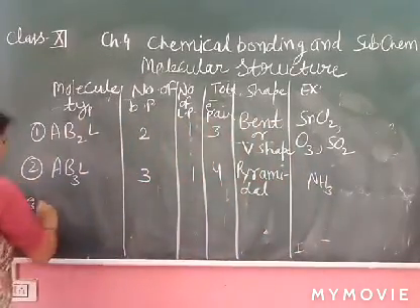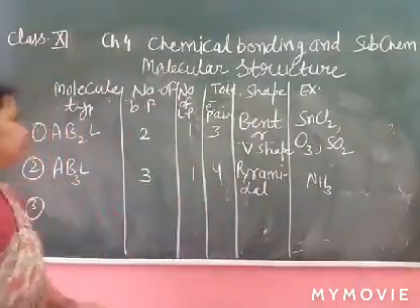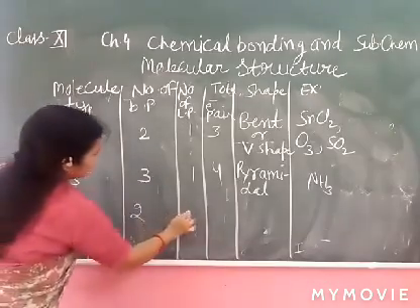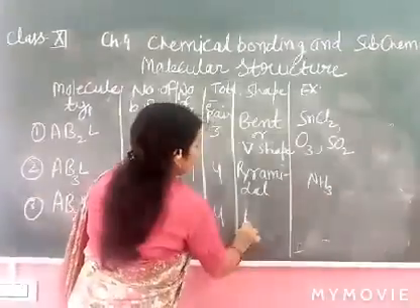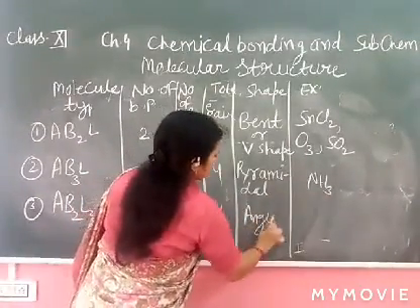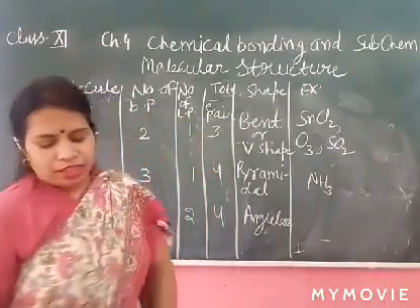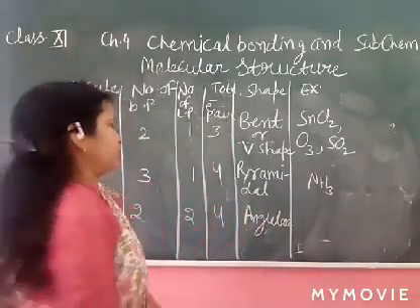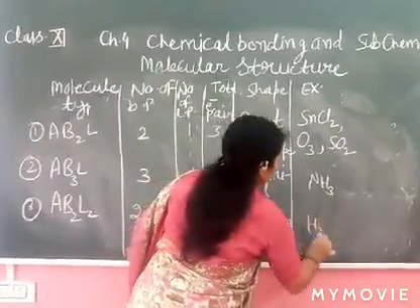Next, third is AB2L2. It means 2 bond pairs, 2 lone pairs, total 4, and the shape is angular. Which example did we already discuss? V shape, angular, H2O.